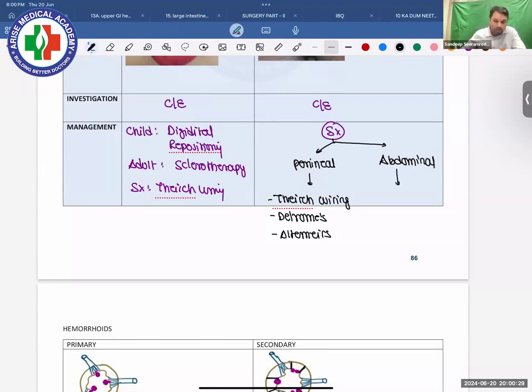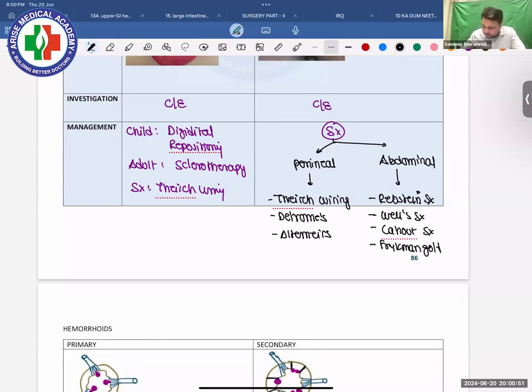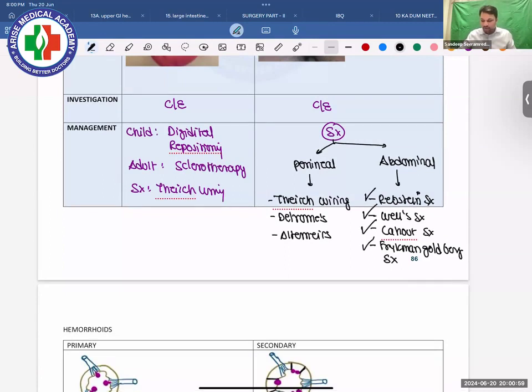For an abdominal approach, you have the Ripstein surgery, Wells surgery, Lahaut surgery, and the Frykman-Goldberg surgery. So the Ripstein, Wells, Lahaut, and Frykman-Goldberg are abdominal, and Thiersch, Delorme, and Altemeier are the perineal route of approach. Simple, clear.